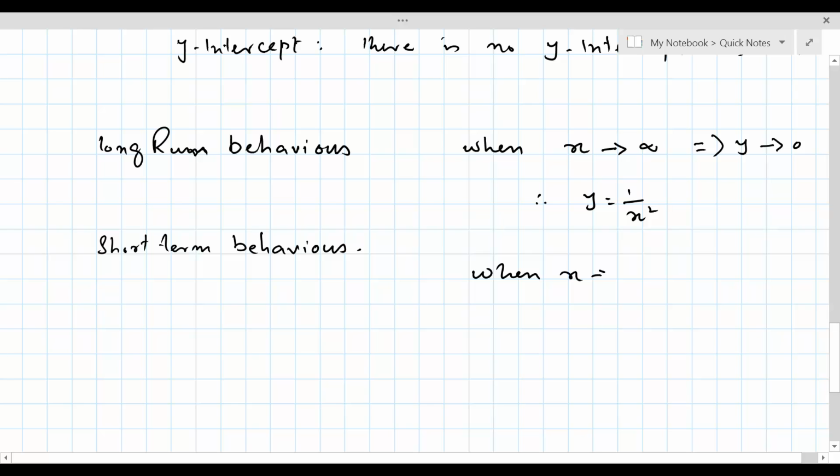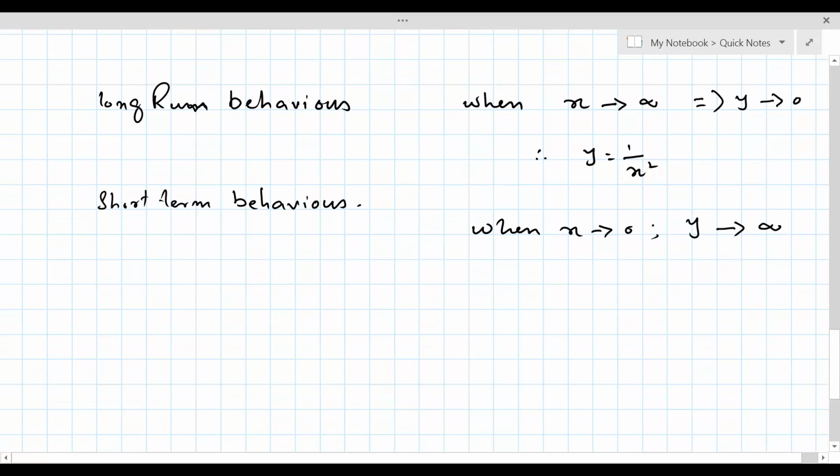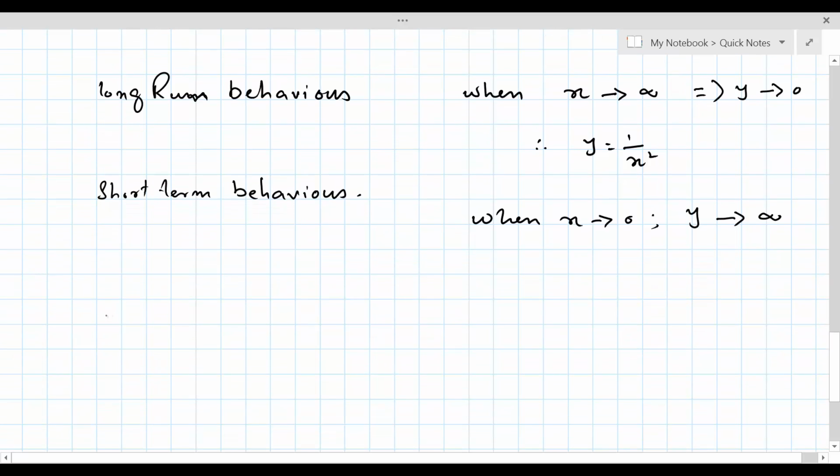When x approaches 0, we can see that y becomes very, very large; y approaches almost infinity. And for any value of x, there is no negative value of y.